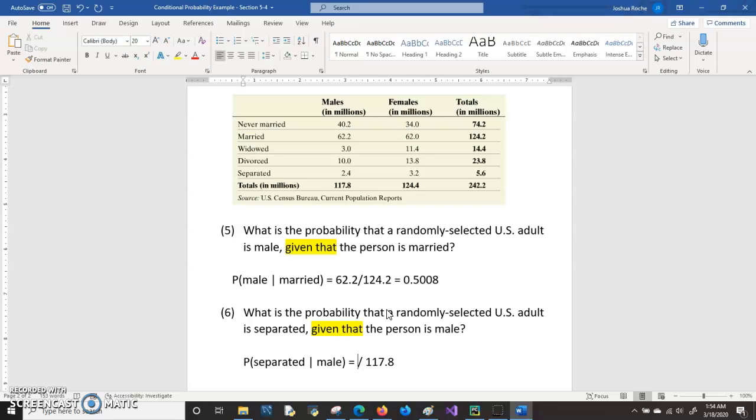And within the male column, the number of males who are separated is 2.4. And that's the numerator, 2.4. So I'll calculate that. Let's see what that comes out to. 0.0204.